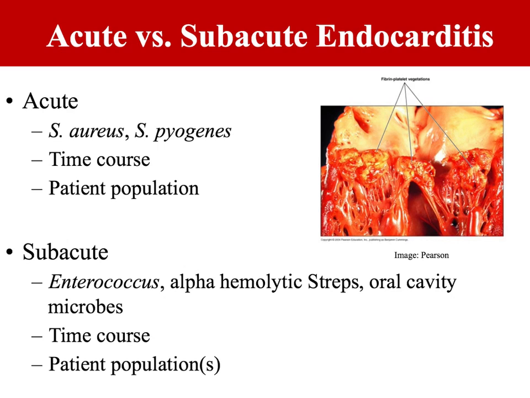On the other hand, the subacute, as mentioned on the previous slide, is going to take weeks to months to get to that point. So your patient populations for acute endocarditis are as follows.